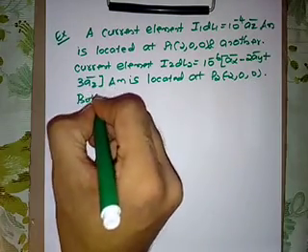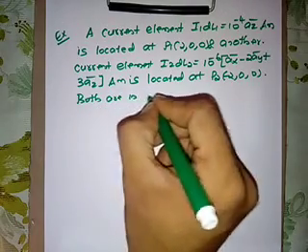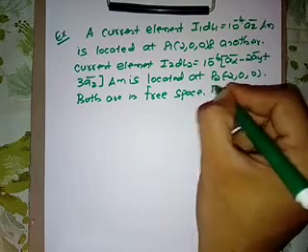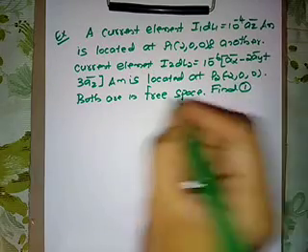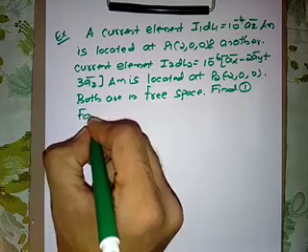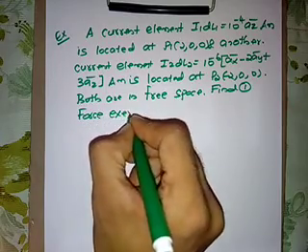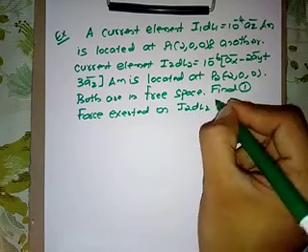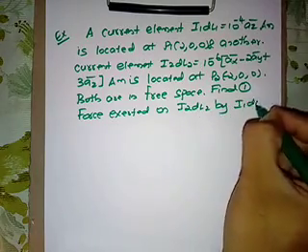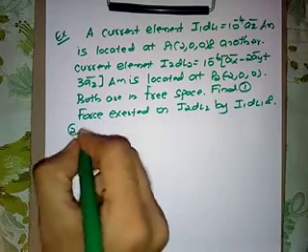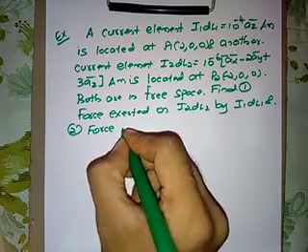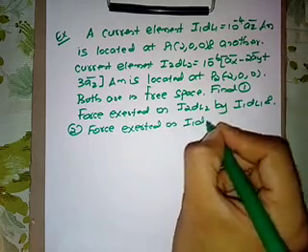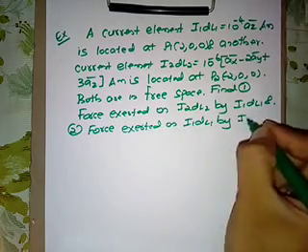Both are in free space. Find first one, force exerted on I2 dl2 by I1 dl1, and second, force exerted on I1 dl1 by I2 dl2.